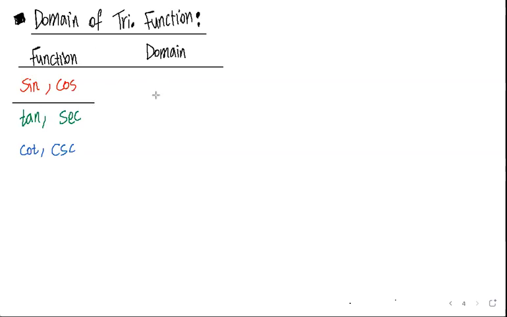For the sine and cosine function, the domain is always R. I can plug any real number inside the sine and cosine functions.